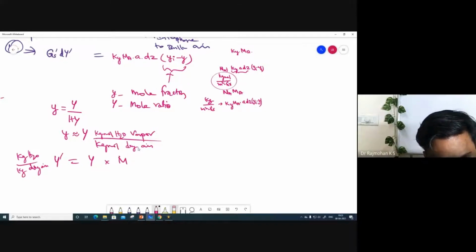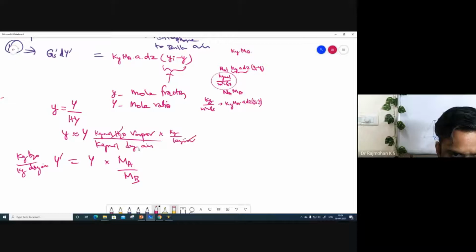Kg mole will get converted if I multiply by its molecular weight, right? So we can say Y dash is equal to Y into MA by MB, because here also we have to multiply by molecular weight, kg per kg mole, so that kg mole will get cancelled, and we get kg of water vapor per kg of dry air.